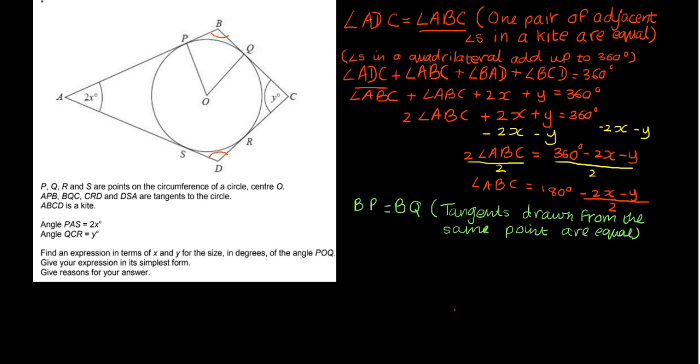Okay, and then PO is equal to OQ, my mistake. PO is equal to OQ, and the reason for this is PO and OQ are radii of the circle. So one radius, many radii, singular and plural, of the circle.